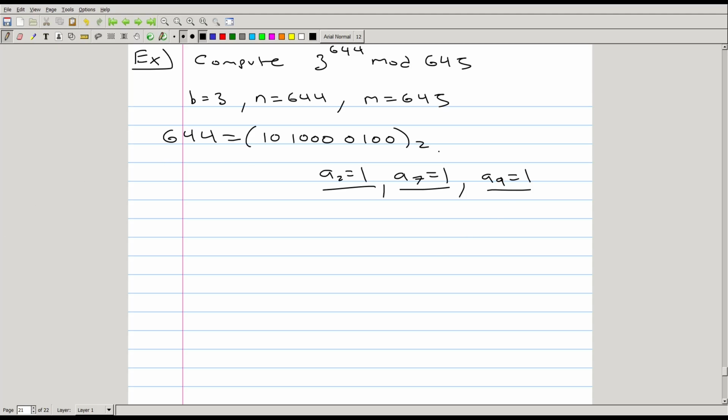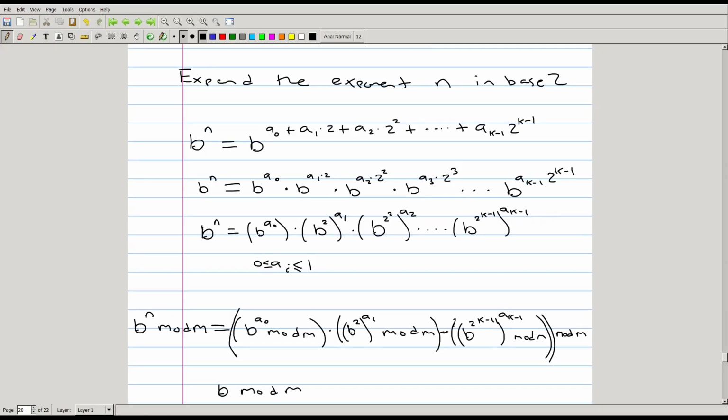And so the number 3 to the 644 is going to be equal to 3 to the 2 squared to the power 1 times 3 to the 2 to the 7th to the power 1 times 3 to the 2 to the 9th to the power 1, from the formula that we showed in general holds before.